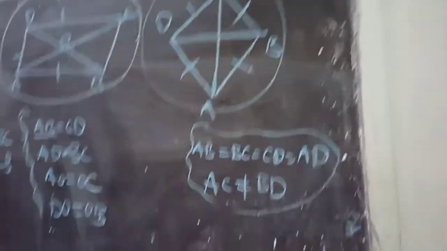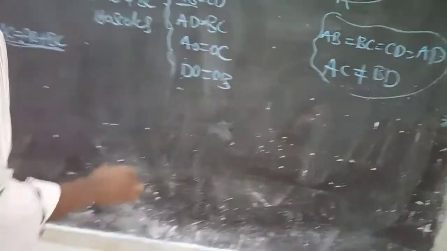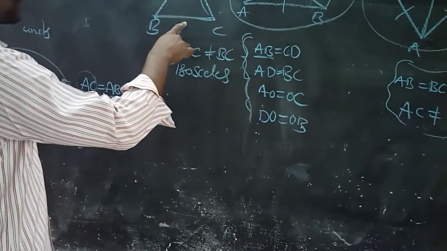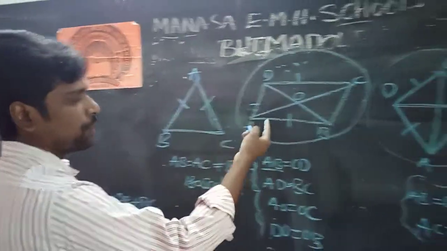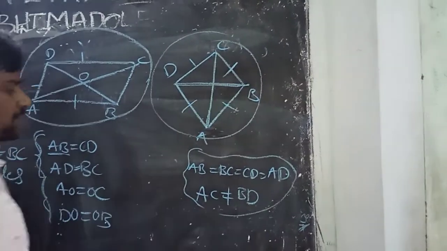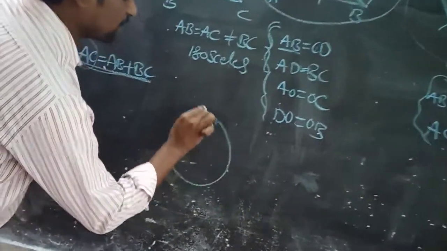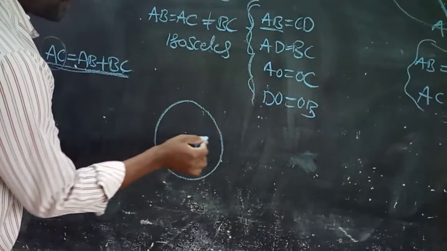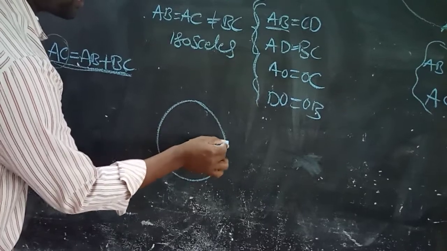Then next one is the quadrilateral, equilateral triangle, isosceles, parallelogram and rhombus. Another one is the circle. Let us consider a circle. The fixed point is called the center.